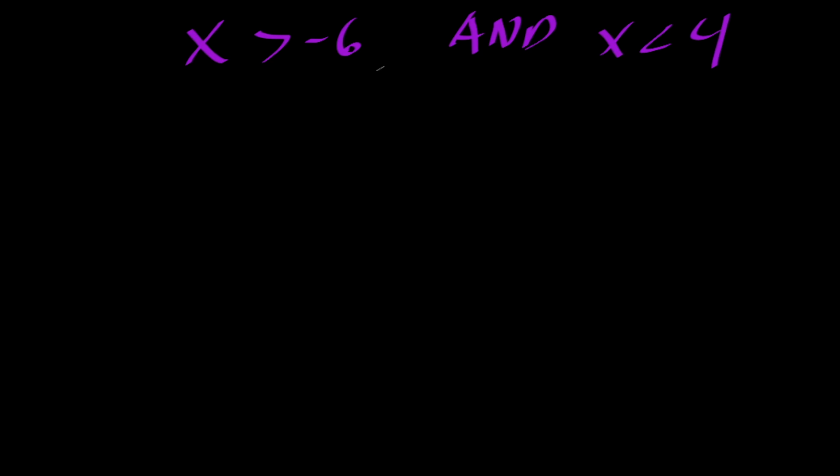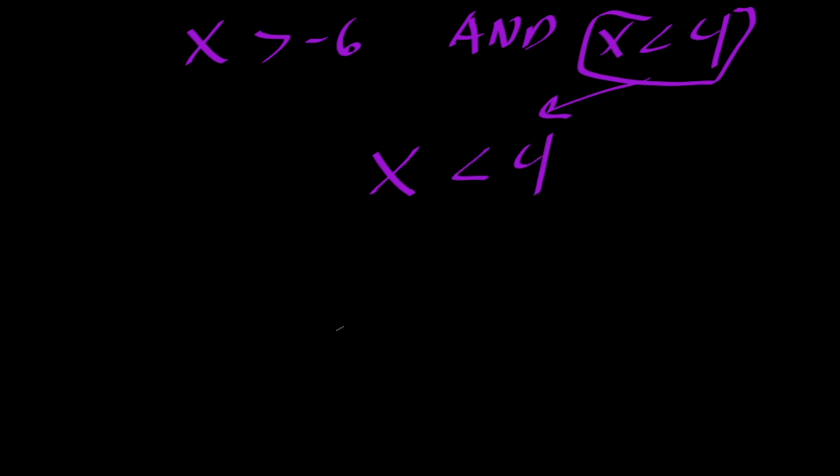Now, here's how this ends up being written if it's an and inequality. Essentially, your x is going to go in the middle, and then we're going to take this and bring it down and apply it to this same x value. So we're going to say x less than 4, just like we would normally read it.